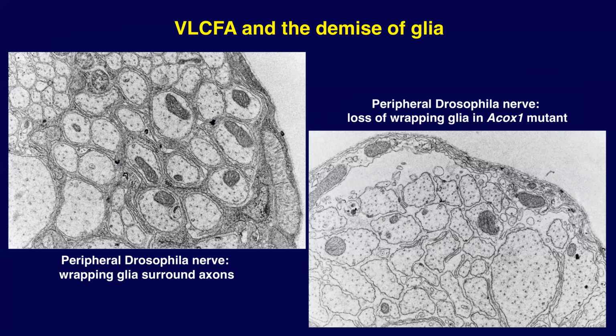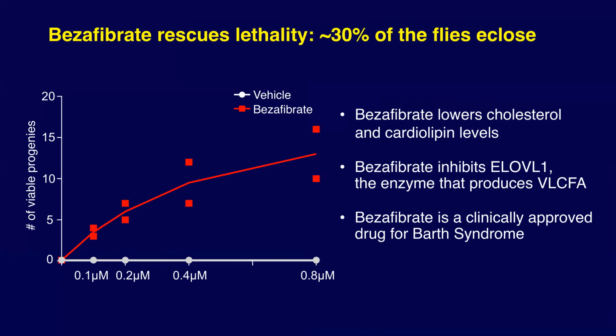And he had gradually lost these and therefore became ataxic. And this then led secondarily to an axonal loss. Interestingly, Locke then showed that bezafibrate, which lowers the synthesis of very long chain fatty acids by inhibiting this enzyme, ELOVL1, very strongly suppressed the phenotype. And so this suggests that this might be used in patients for a cure.